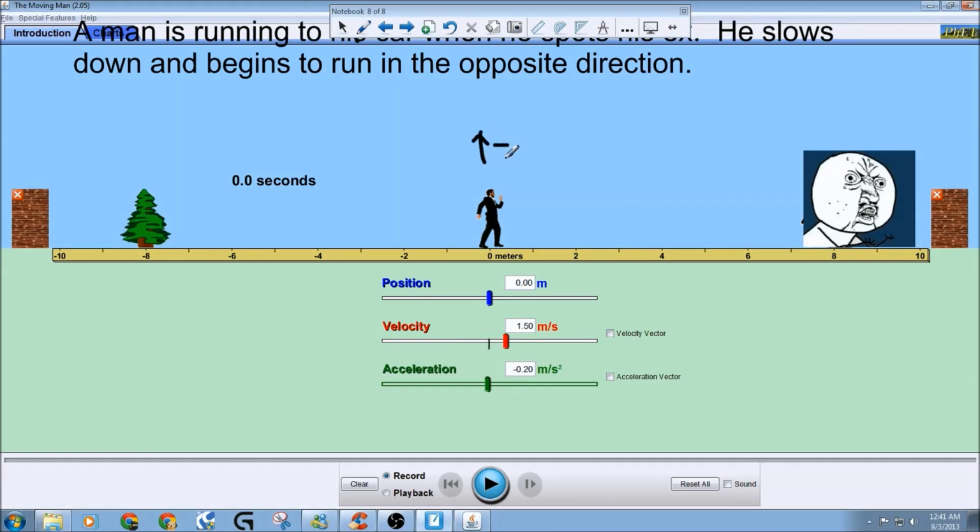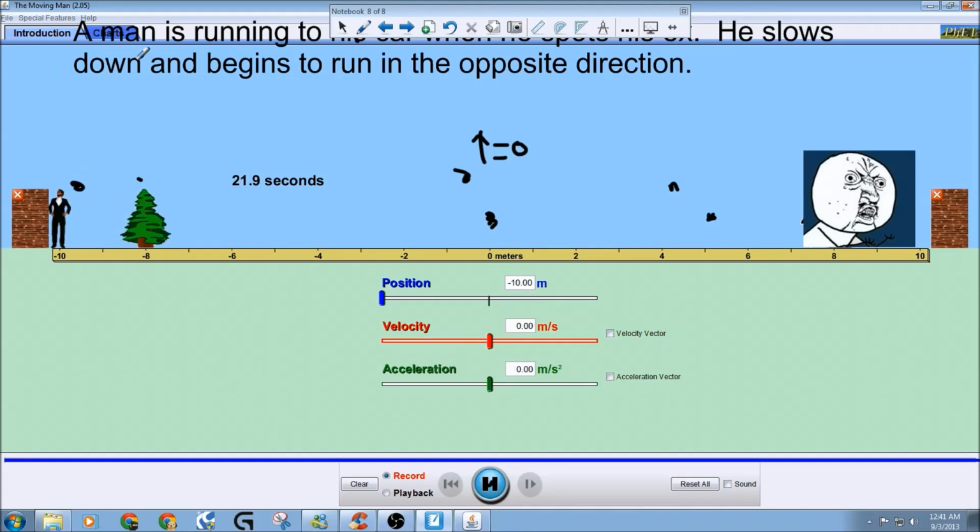And now we're going to push play. Whew. Yeah, that was a little difficult to do on here, but let's go ahead and stop the timer and draw ourselves a motion map.